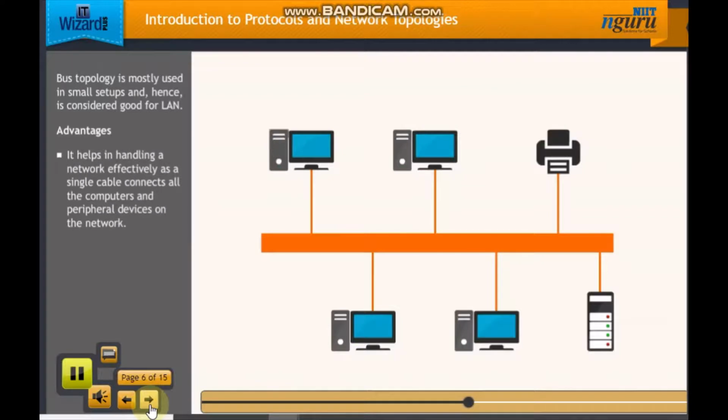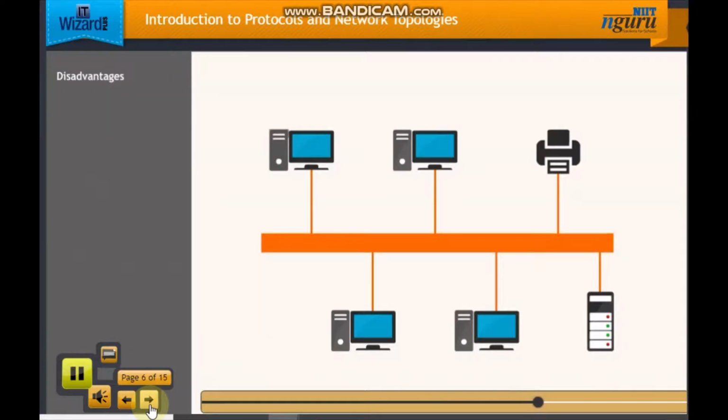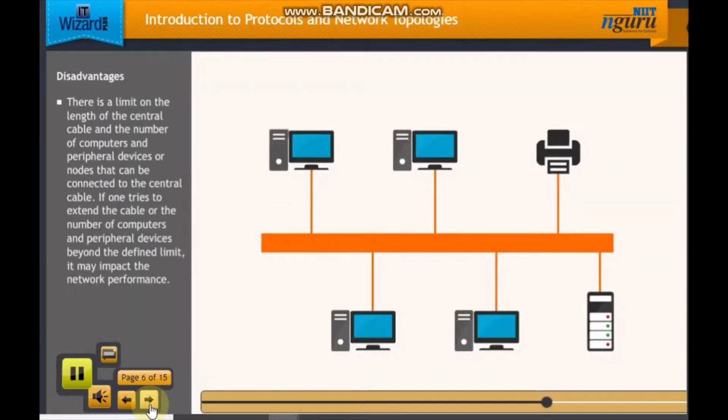Advantages: it helps in handling a network effectively as a single cable connects all the computers and peripheral devices on the network. It uses only a single cable and hence proves cost-effective. Disadvantages: there is a limit on the length of the central cable and the number of computers and peripheral devices or nodes that can be connected to the central cable.